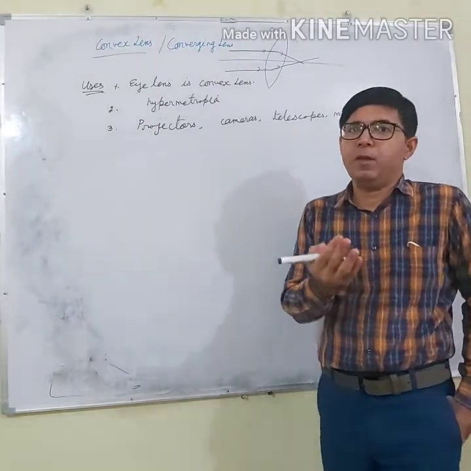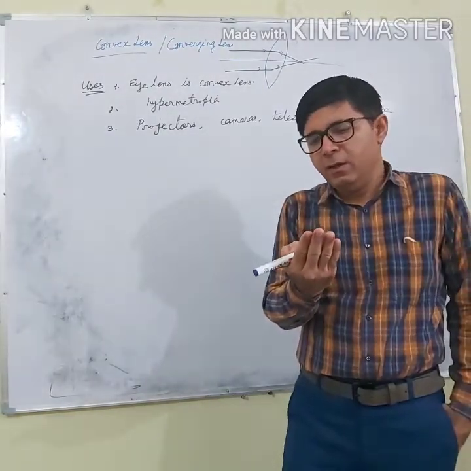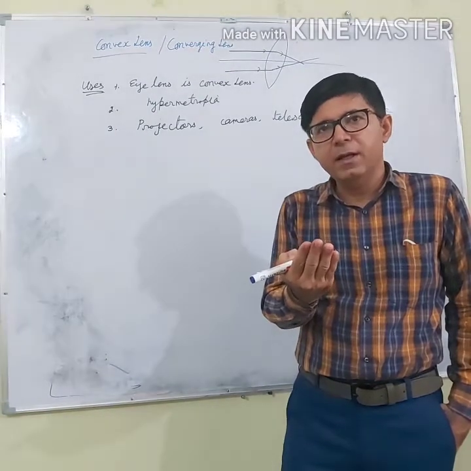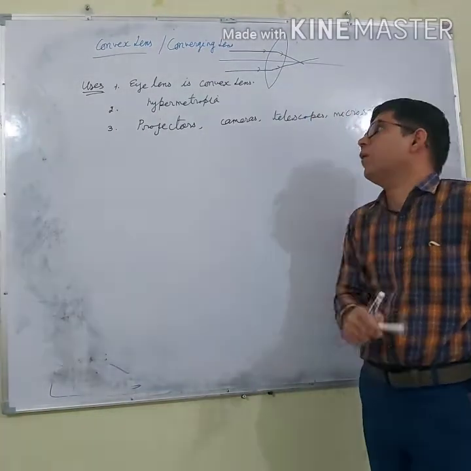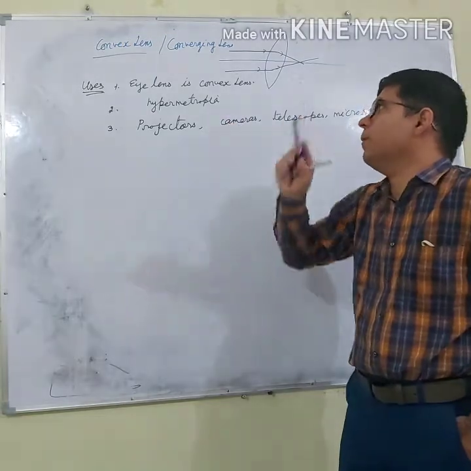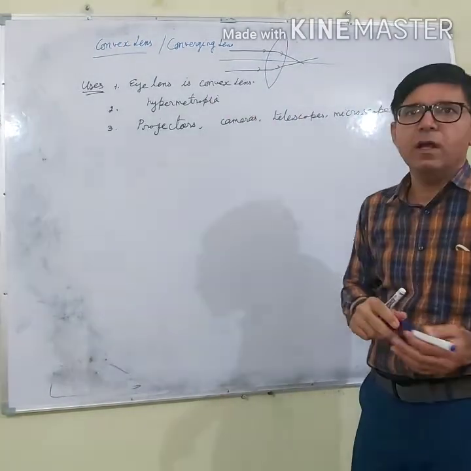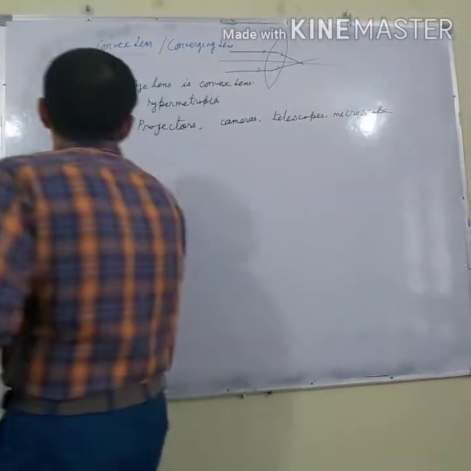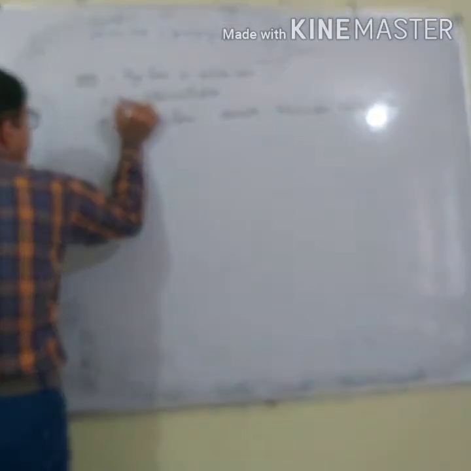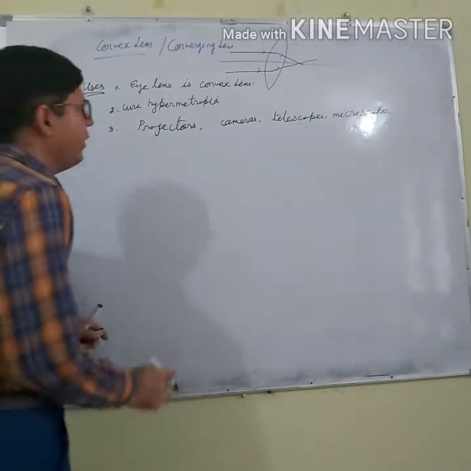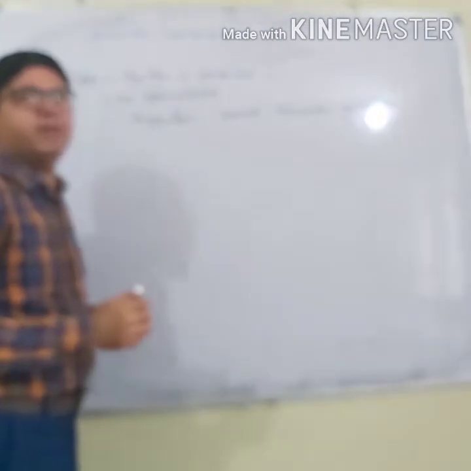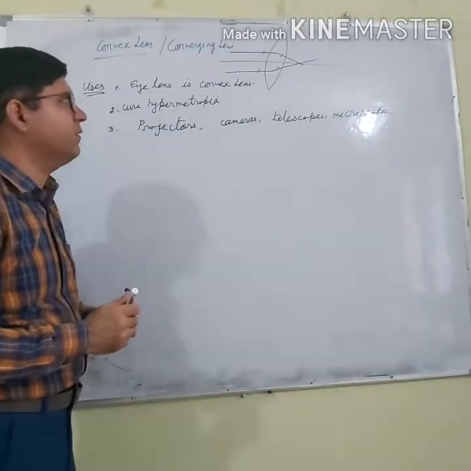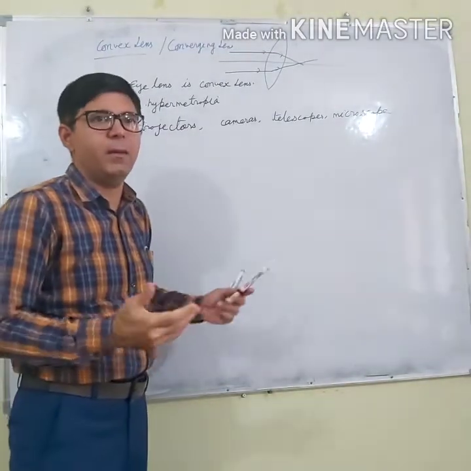For example, a person cannot read a book comfortably if he is suffering from hypermetropia. And convex lens is used in projectors, cameras, telescopes and microscopes.